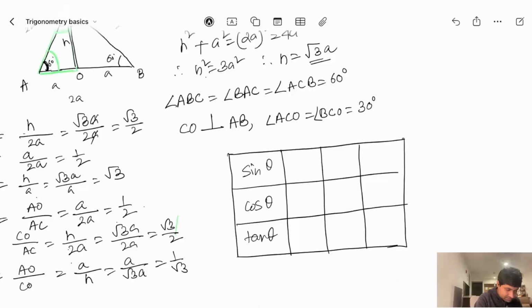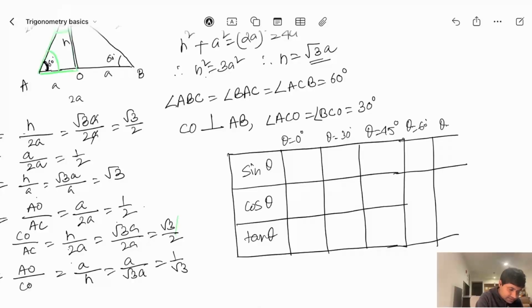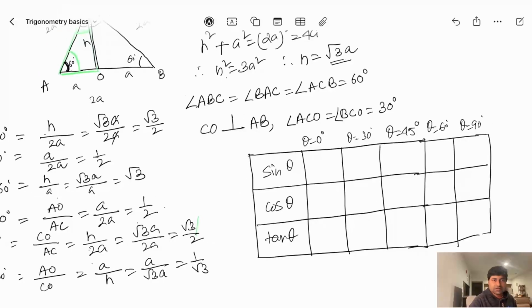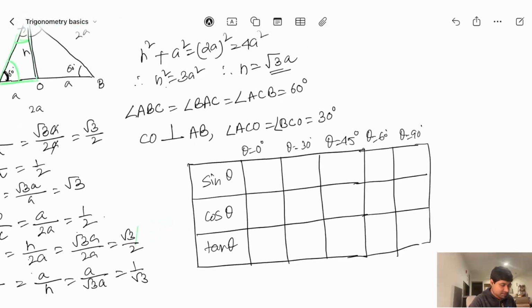We'll discuss it in just a minute. So let's say this is theta equals 0 degree, theta equals 30 degree, theta equals 45 degree, and theta equals 60 degree, and theta equals 90 degree. Okay, so we are filling this chart. So for the time being we got 30, 45 and 60. So we can just put in all the values we got from these calculations.